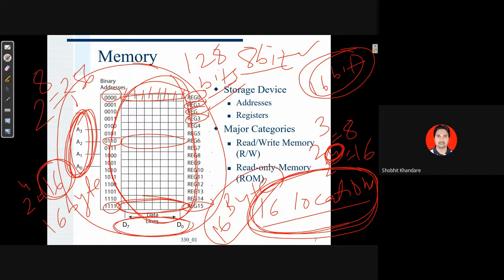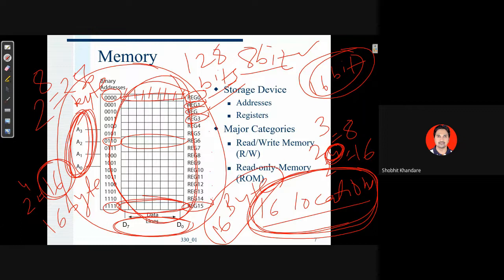Yes, 256 byte. So can I say that depending upon the number of address bits, you will have the size of the memory which you can access? Yes, sir.